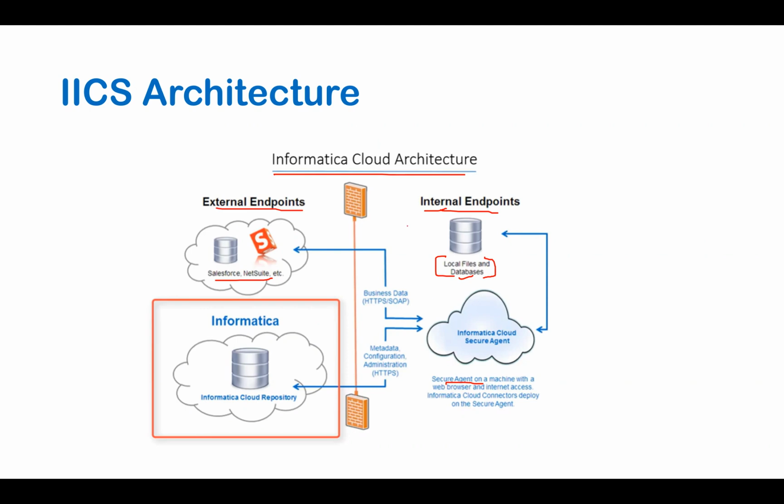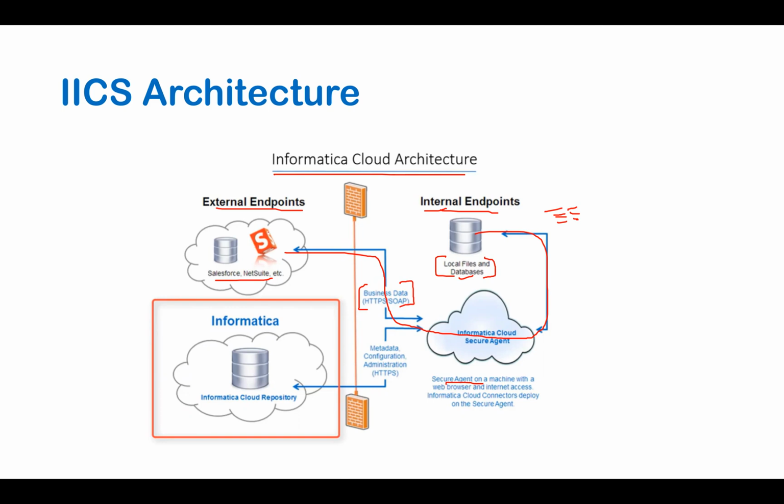Why? Because this is our organizational data. You assume that we have some transactional data in the table that we are moving from here to here. See, this is business data. Business data we are moving from internal endpoints to external endpoints.